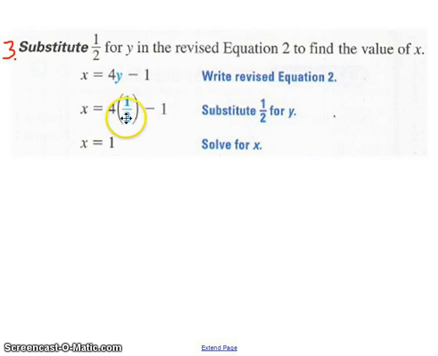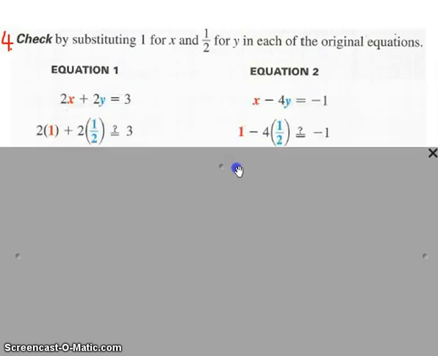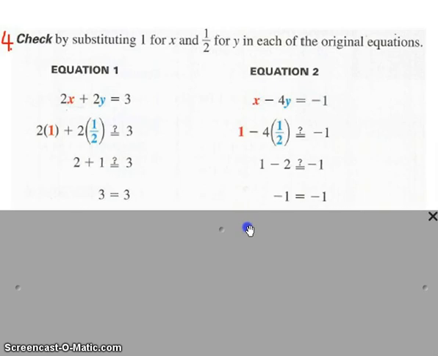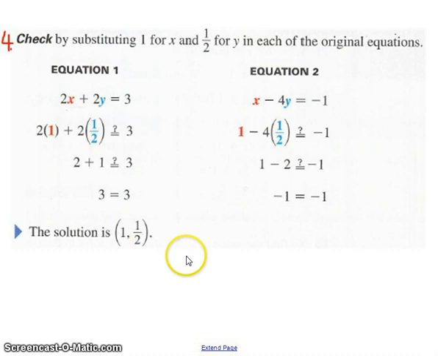Instead of saying y, though, I said a half. 4 times a half is 2. 2 minus 1 is 1. Now I know x is a half. I'm sorry, y is a half. X is 1. So double check and make sure 1 comma 1/2 actually solves. And you'll find if you do that, if you plug it into both equations, that it does work for both. So 1 comma 1/2 is the right answer for that example.